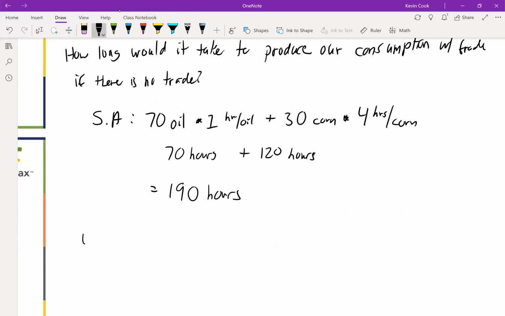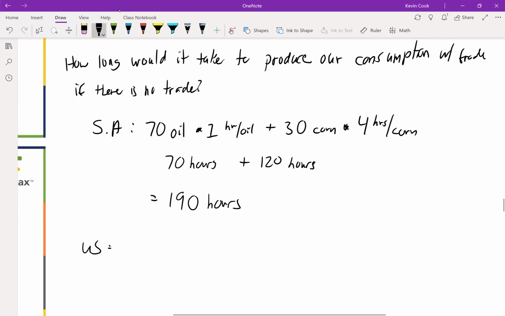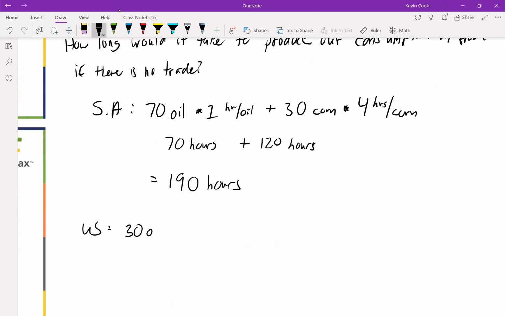And then same thing for the US. We're going to see that we have 30 oil, and this takes 2 hours per oil in the US, plus 70 corn times 1 hour per corn. And this will work out very similar.